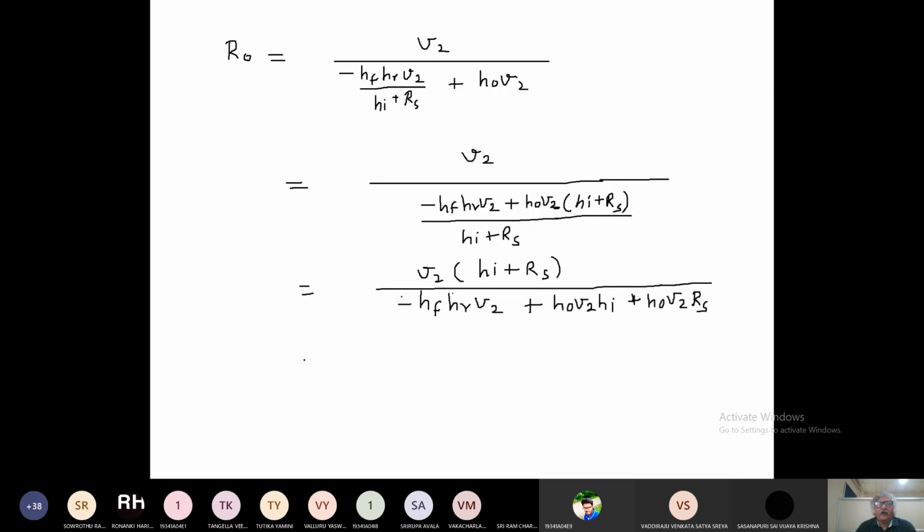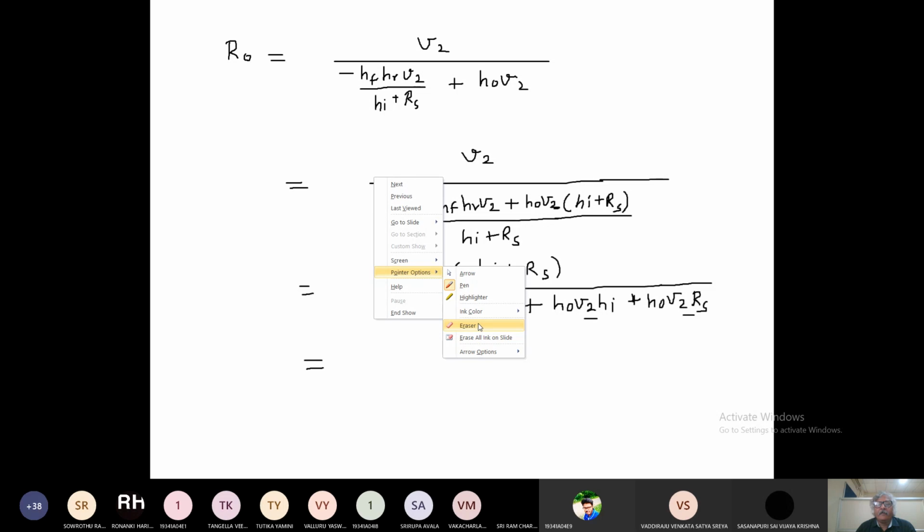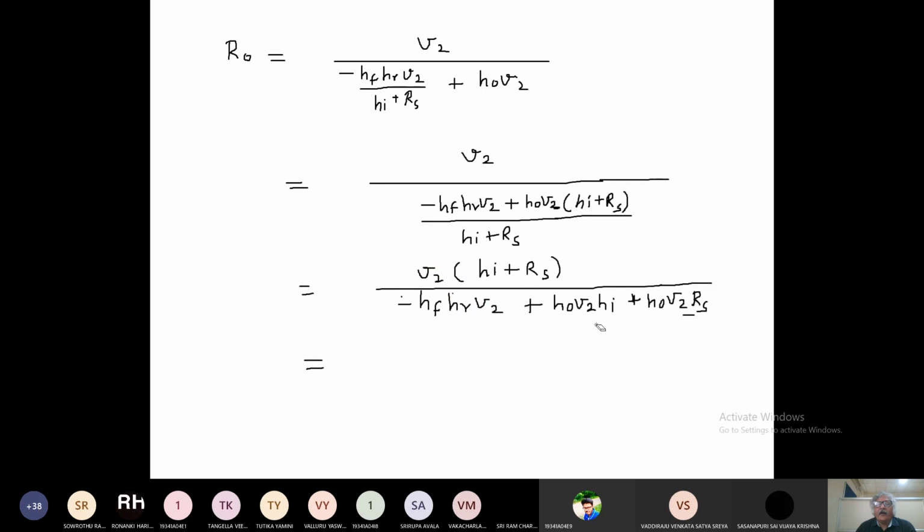Right, now in the denominator V2 is available in all three terms, right? V2 is here, here, and here. So we will take this V2 common, and V2 is in the numerator also, so that V2 will be cancelled out. I will write that step also: V2 (HI plus RS).